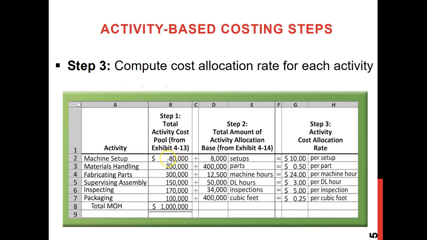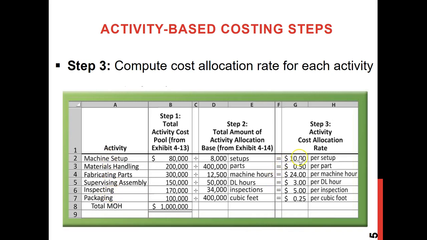This is your total estimated overhead cost for machine setup, and this is the total amount of allocation base for machine setup. So if you divide this 80,000 by 8,000, you will get that for each machine setup it costs $10. So this is how we could figure out the predetermined overhead rate for every activity.